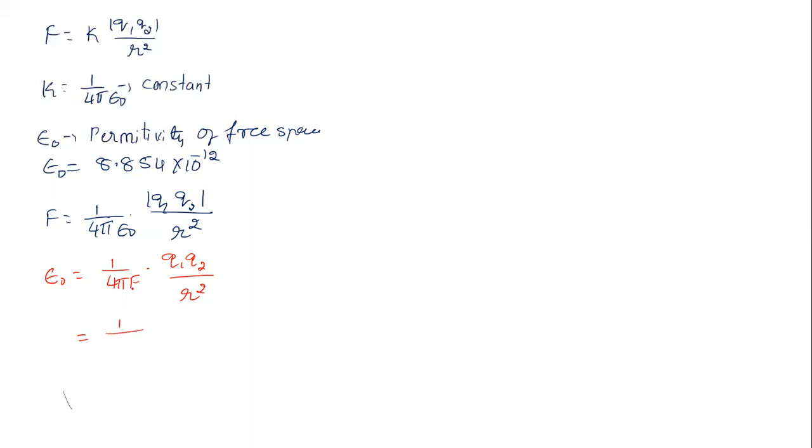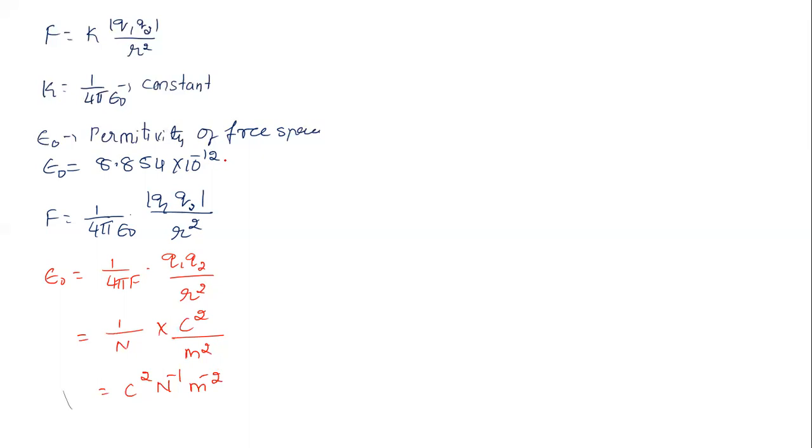Divided by force. Force unit is Newton. Multiplied by charge, Q1, Q2. What is the unit of charge? Coulomb. So for both charges, Coulomb and Coulomb, it has become Coulomb square. Divided by distance, that is R, so its square is there, so it has become meter square. So what does the unit become now? It is Coulomb square, and this Newton comes to the denominator, per Newton per meter square.